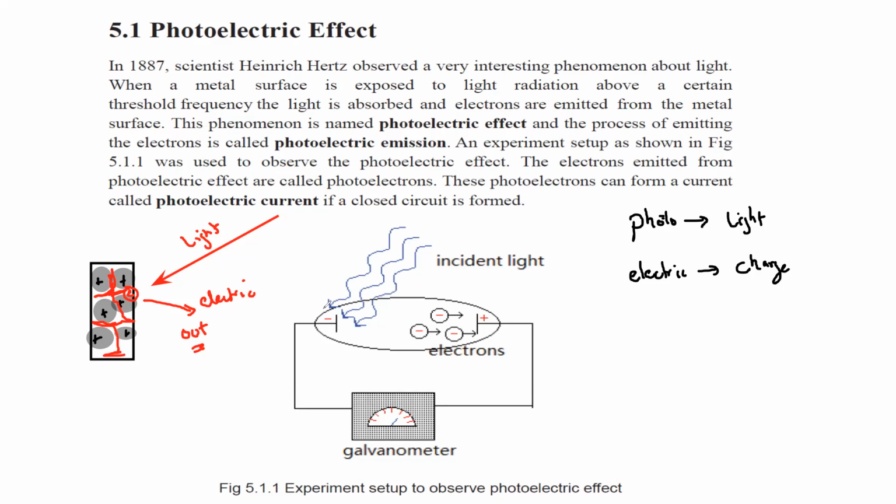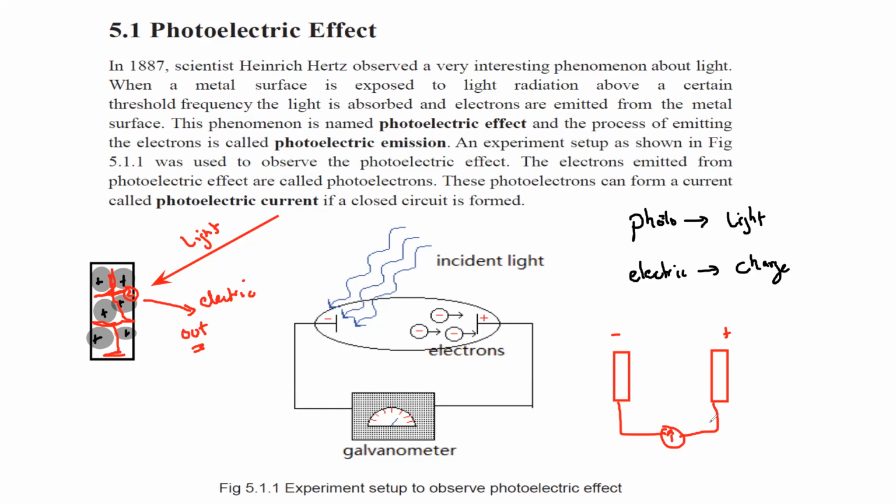If we have two electrodes, one connected with a negative terminal and another connected with a positive terminal, and there's a gap, a space between the two metal electrodes, and we connect a meter.